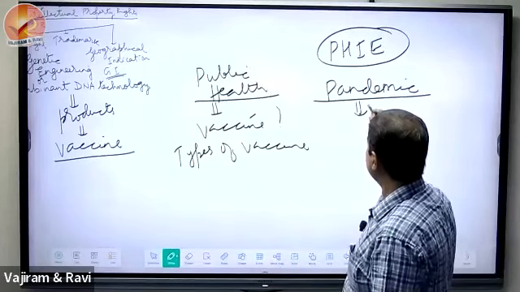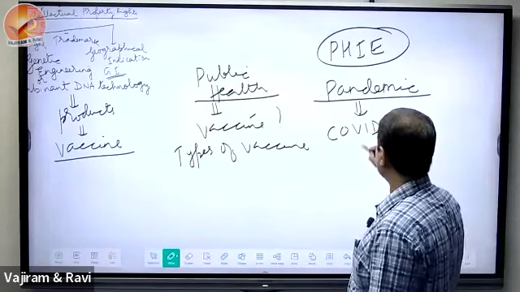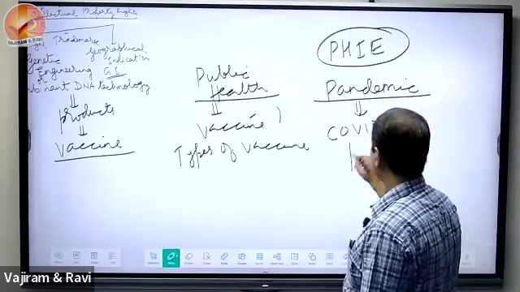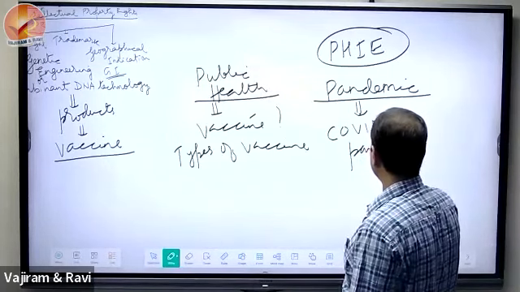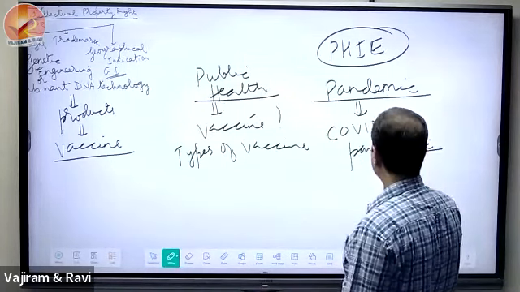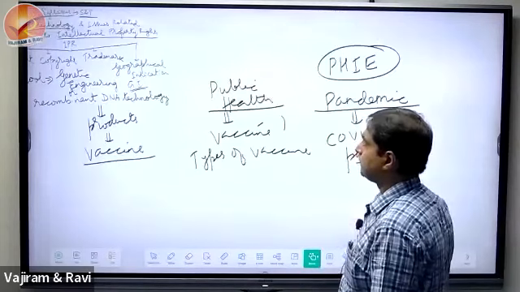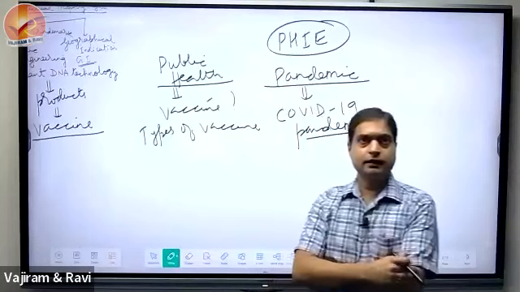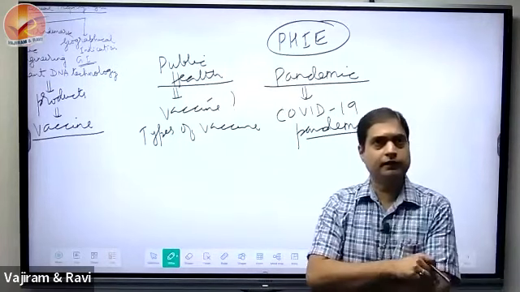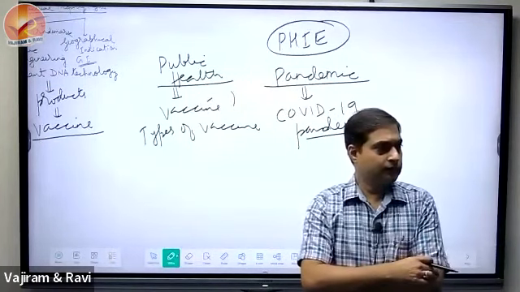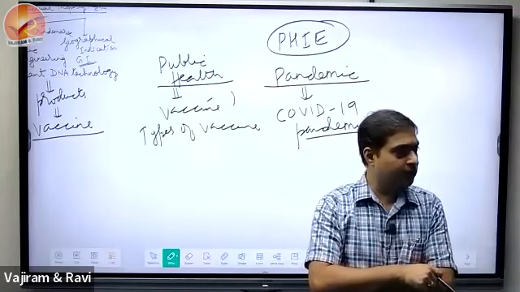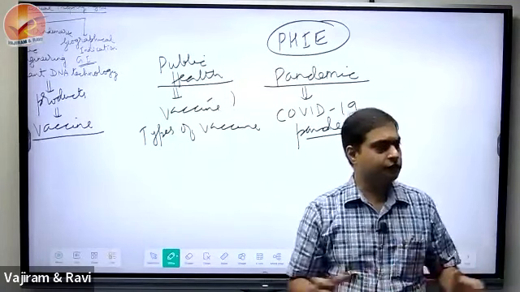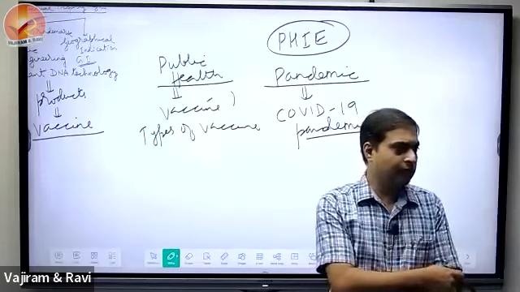For example, the current COVID-19 pandemic. There were large scale implications, impact on the society, social impact, economic impact, impact on the health of individuals and society. So there was complete disruption of society due to this COVID-19 pandemic.